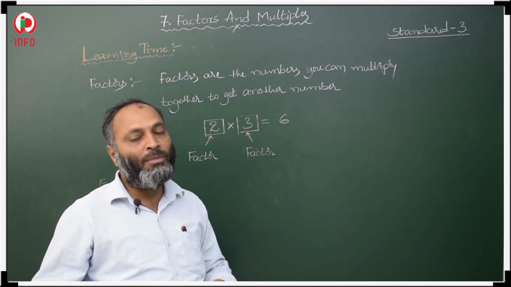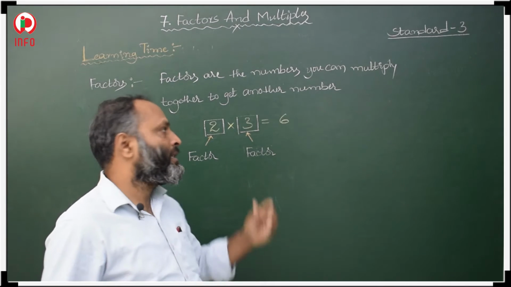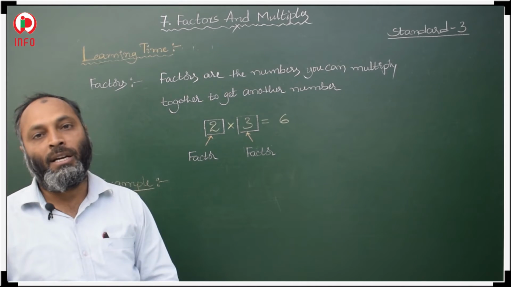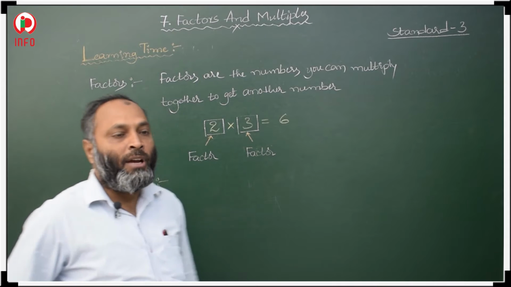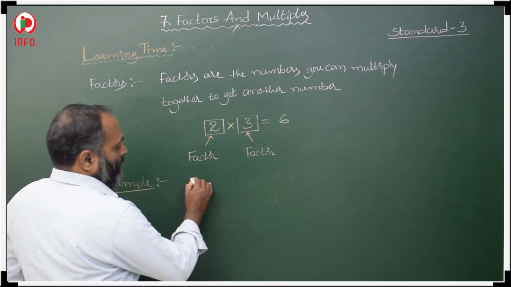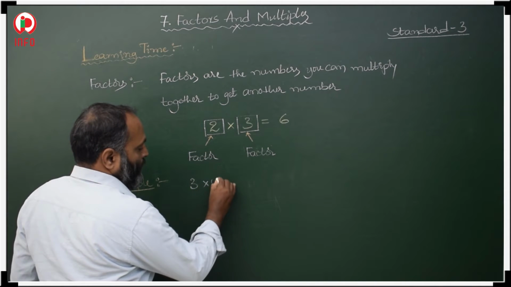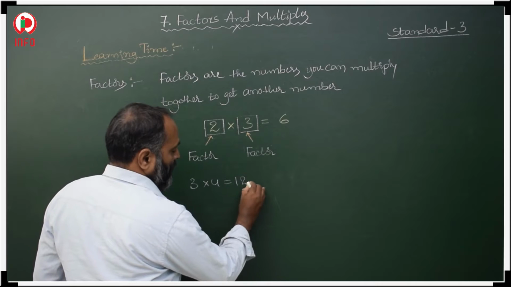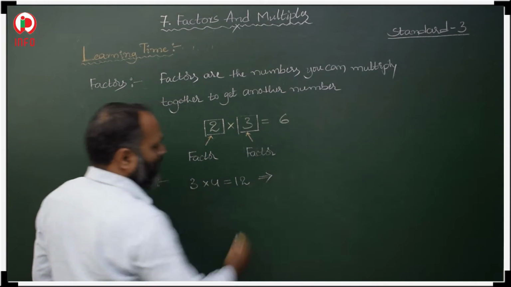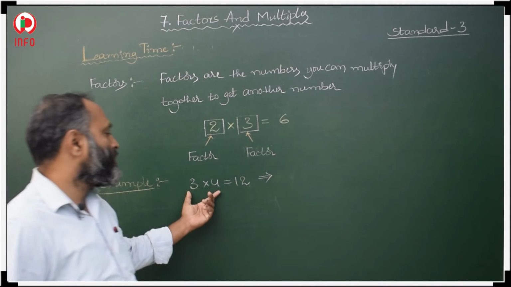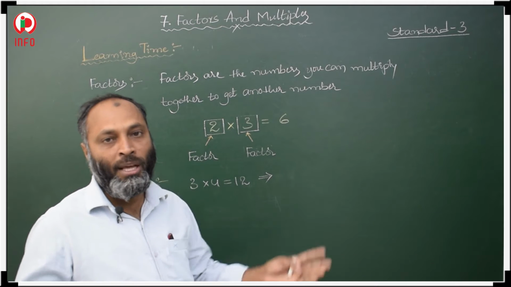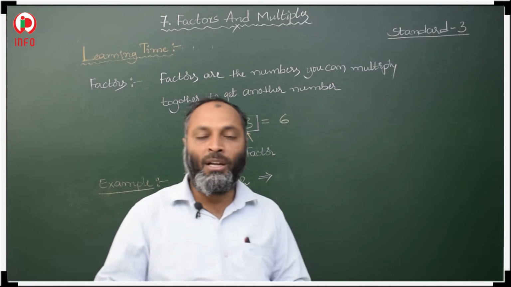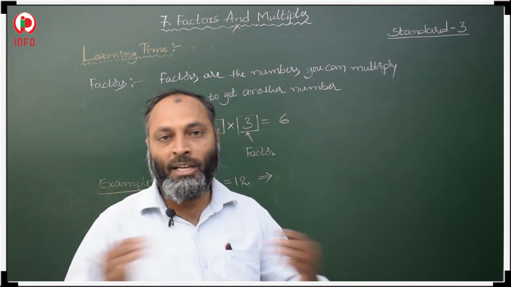So what are the numbers we are multiplying to get 6? Those numbers are factors. If I ask, 3 into 4 is equal to 12, so what about this? Here 3 and 4, these two numbers, we are multiplying together.